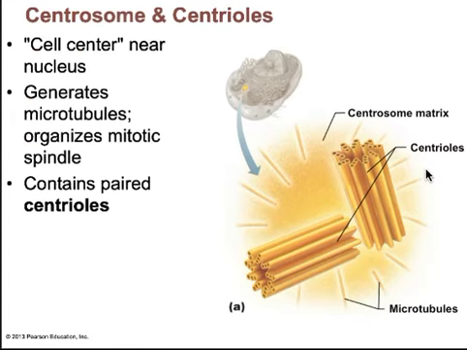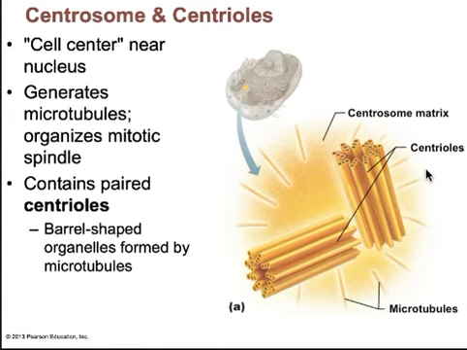Now the centrosome and the centrioles are involved in the manufacture and the breakdown of microtubules. So if you think of the microtubule as the line in a rod and reel, you could think of the centriole and the centrosome as the reel of the rod and reel, right? And then whatever the microtubule attaches to would be like the hook attaching to the fish, okay?